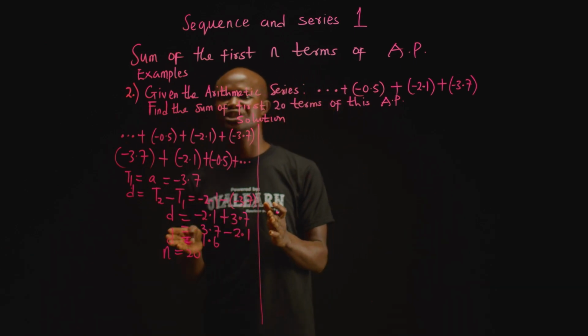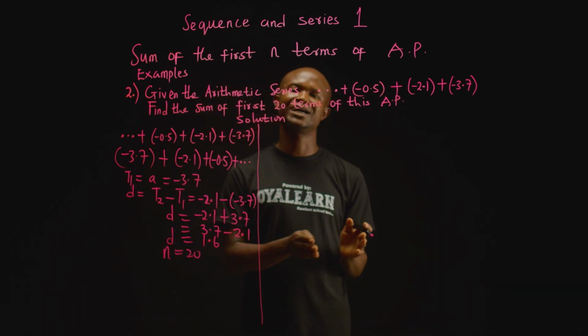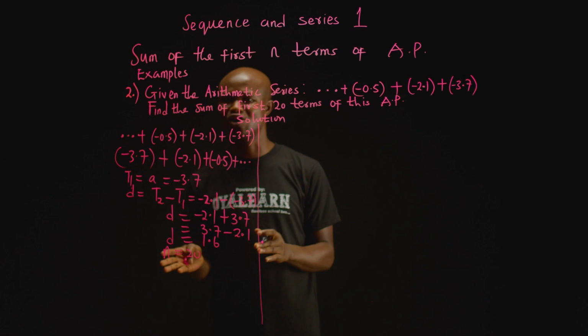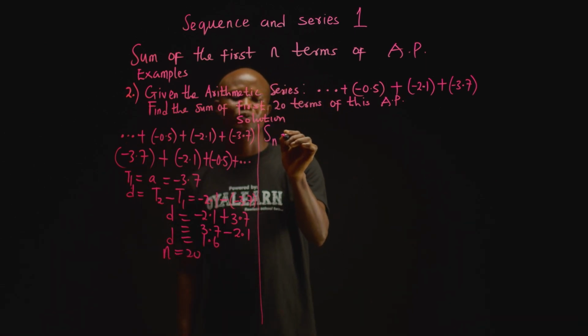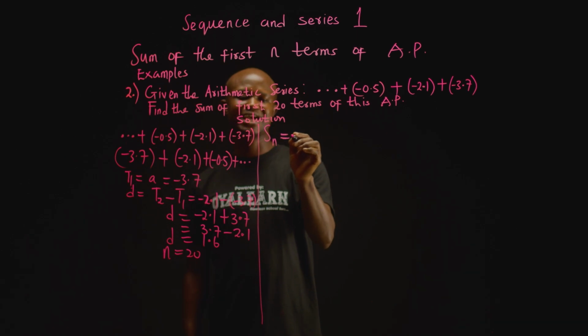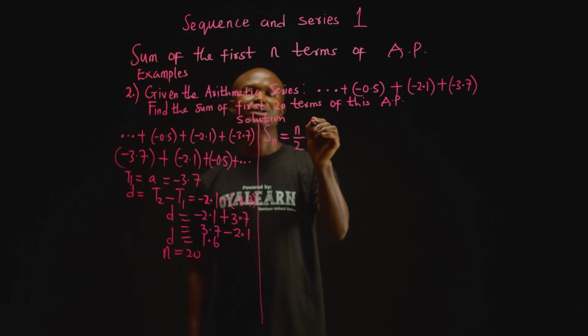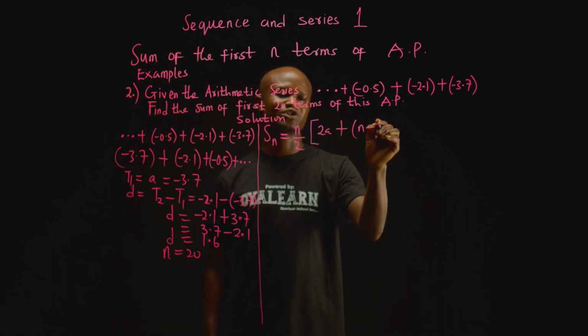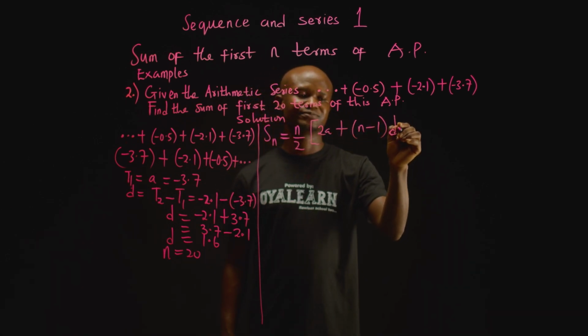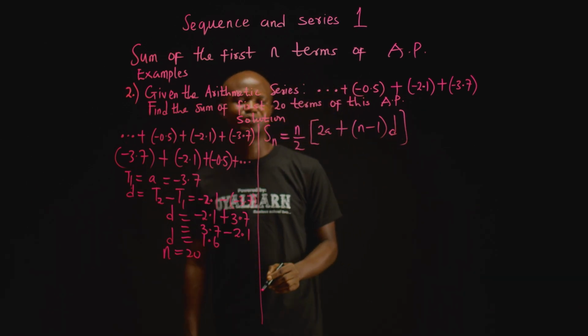Then this is telling us that we can now use the second formula, which is S_n equals n over 2 into bracket 2a plus small bracket n minus 1 d. That's the second formula.